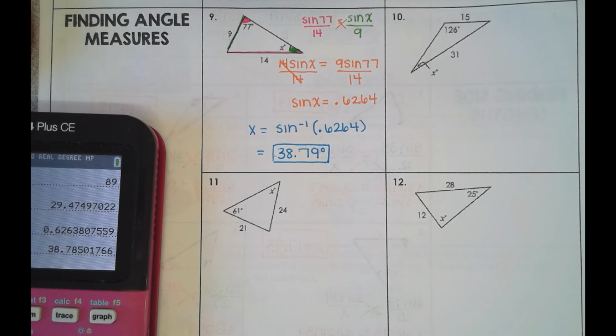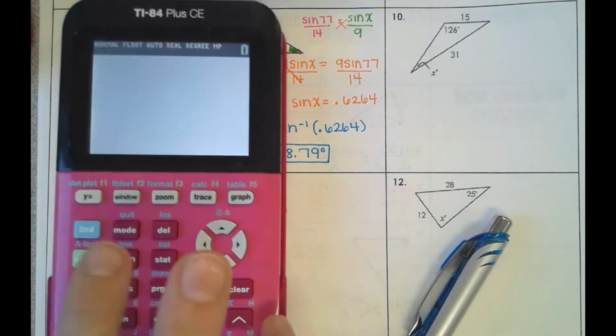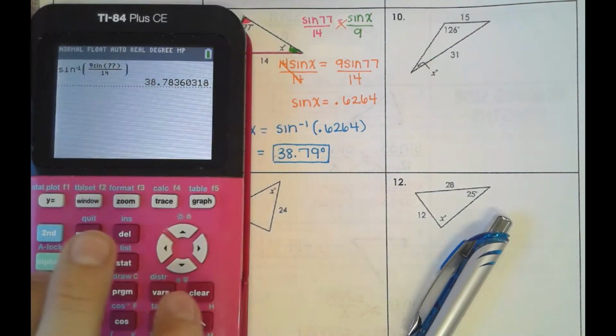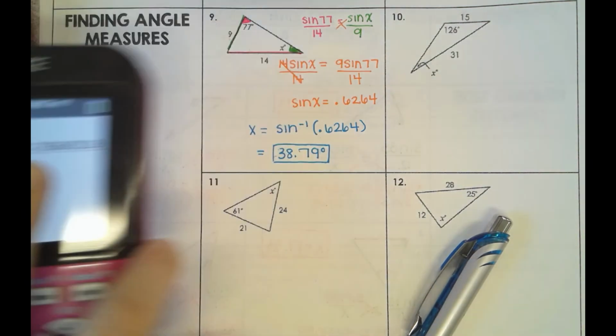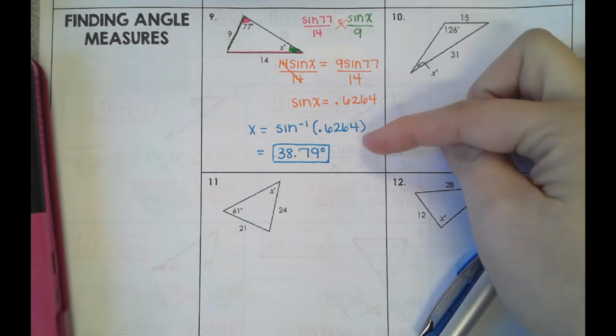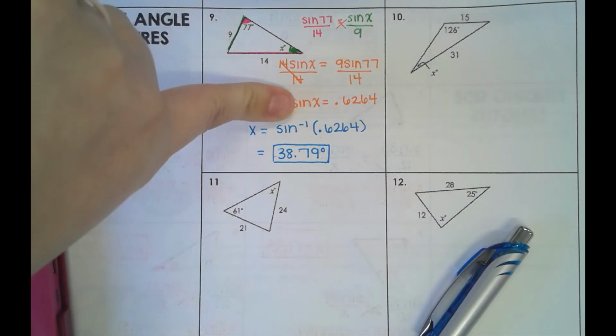You could actually skip this step right here, and it would actually be more accurate if you did second sine, and then you did 9 sine of 77 over 14. It was off, it really should probably be 7, 8, because we rounded a little bit here, so it made this round up. So if you want to completely skip turning it into a decimal, you can.